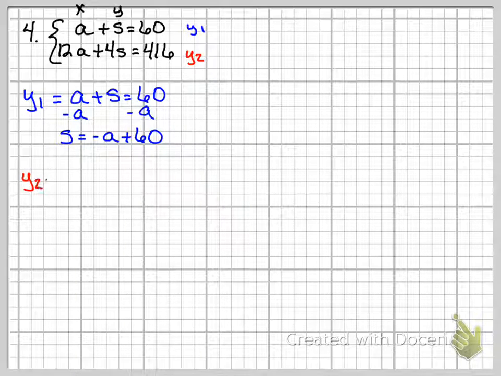Y2 is 12A plus 4S is 416. I'm going to subtract my 12A.